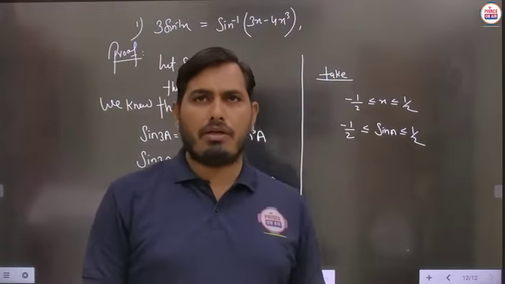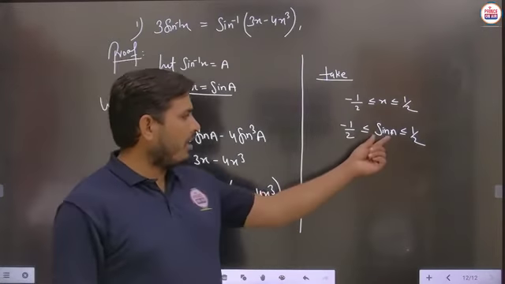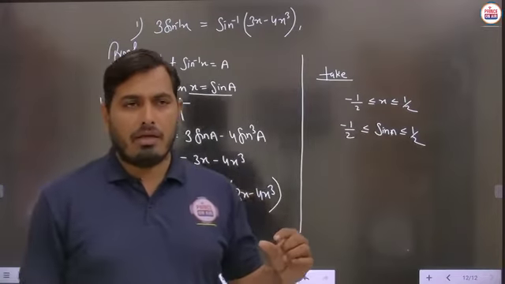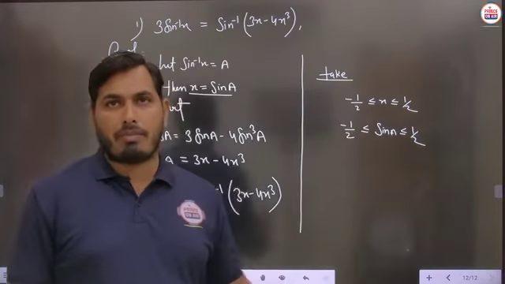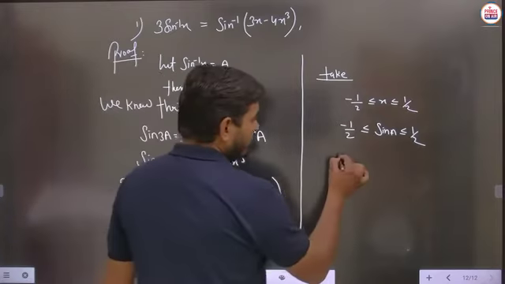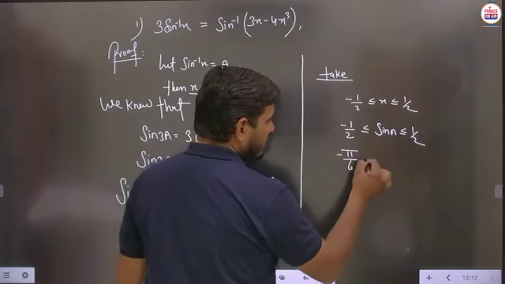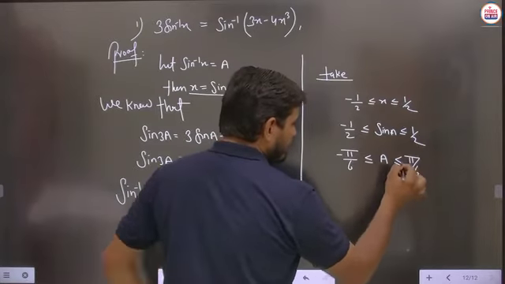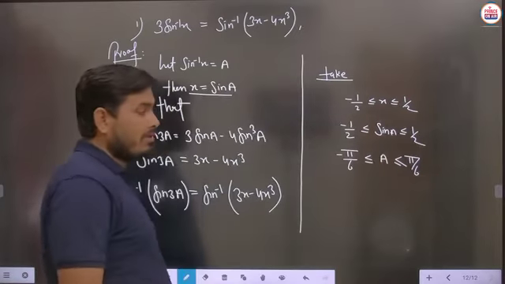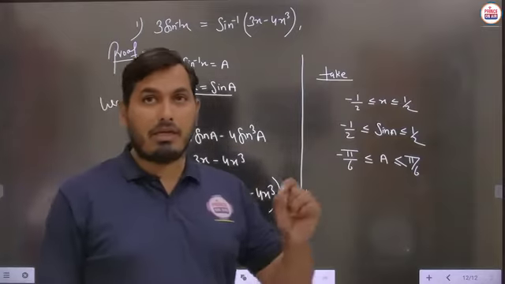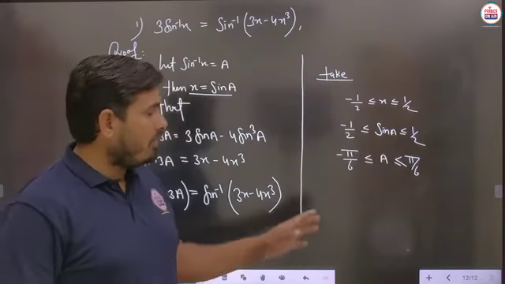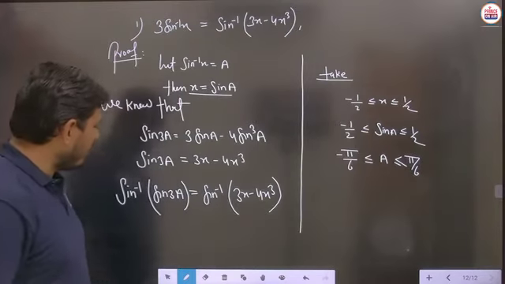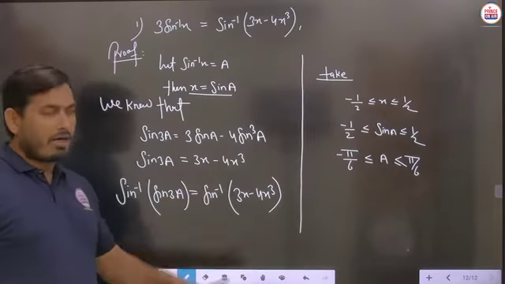Students, you know very well that the sin value half gives the angle 30 degrees. 30 degrees will be written as pi by 6. So this angle a will go from minus pi by 6 to pi by 6. Here the sign of inequality does not change, because sine is an increasing function, that's why we will not change the sign of inequality here. Now we just want 3a, so here you will get the answer of a.